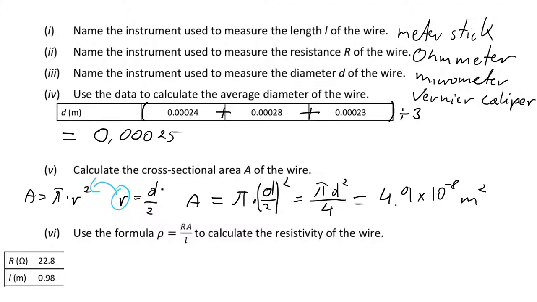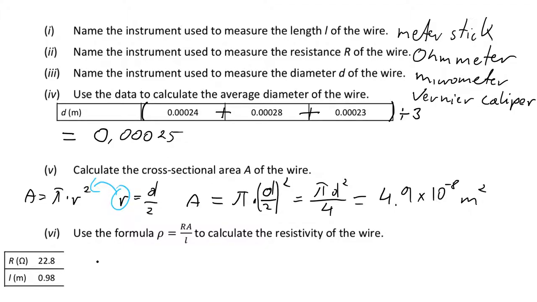And finally, we have to use the formula ρ equal to RA over L to calculate the resistivity of the wire. So we know that ρ is the resistivity, R is the resistance of the wire as measured using the ohm meter, A is the cross-sectional area of the wire as calculated by us just a second ago, and L is the length of the wire as measured using the meter stick.